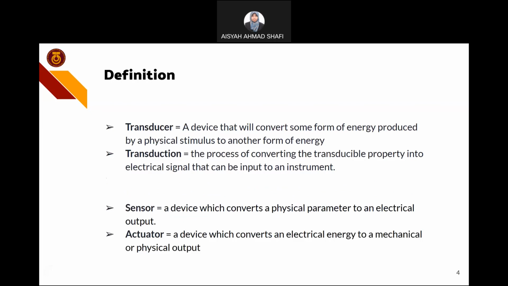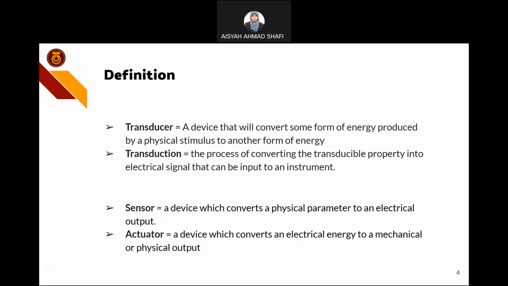Transduction is the process of converting the transducible property into an electrical signal, which can then be input to an instrument, because a medical instrument can only read electrical signals. That's why we need this transducer to change other physical parameters into electrical signals.